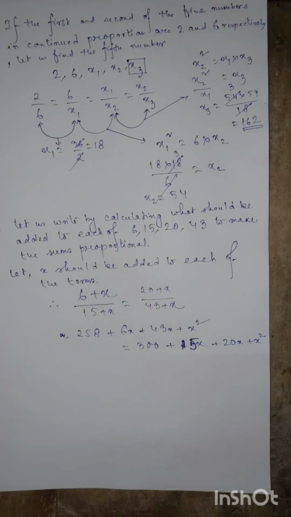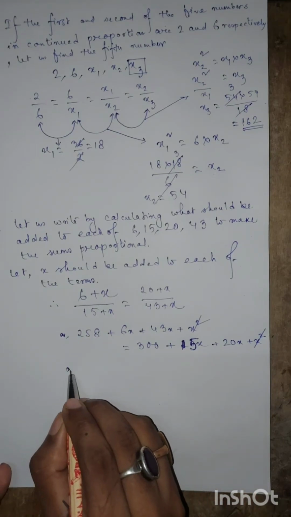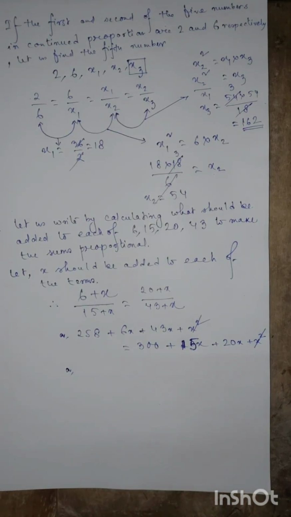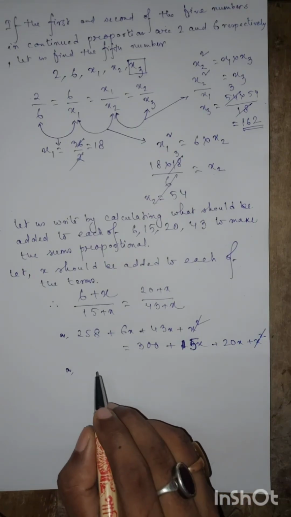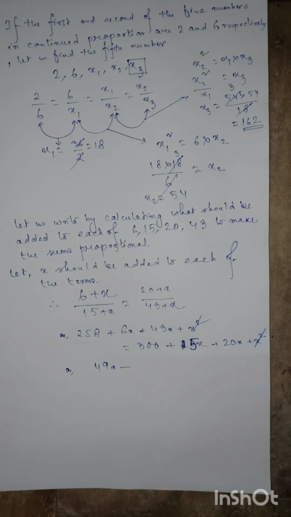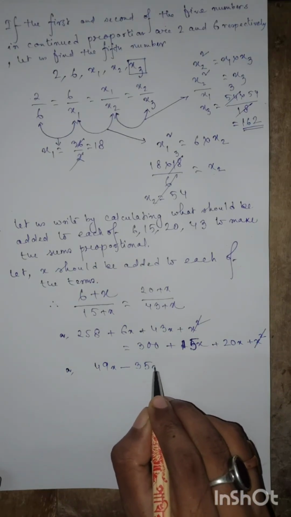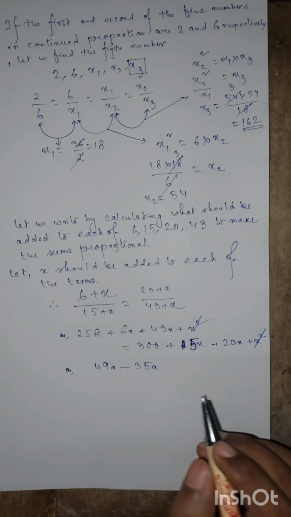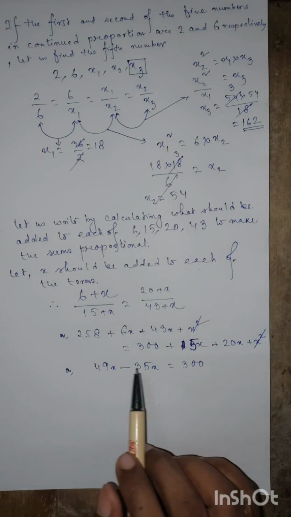now if we cancel x square and take all terms containing x to the same side of the equation, so this is our 49x minus 35x, and we are taking the constants to the right side.